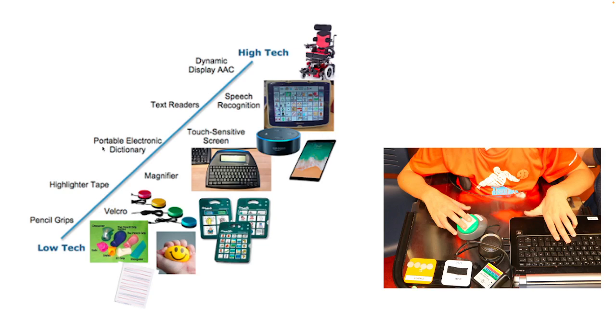We want to make sure that if anybody's using any of these things, text readers, speech to text, voice control, speech recognition, screen readers, they are able to use the website. If you want to learn more about assistive technology, I definitely recommend you Google it or go on my YouTube and watch one of the videos that I have on assistive technology. It's really interesting to learn about.